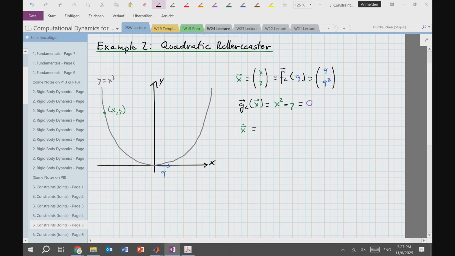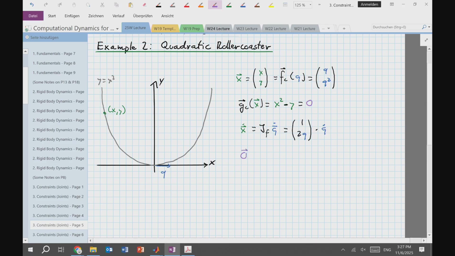x dot is JF times q dot, where JF is the partial derivative of x against q, so I get 1 and 2q times q dot.